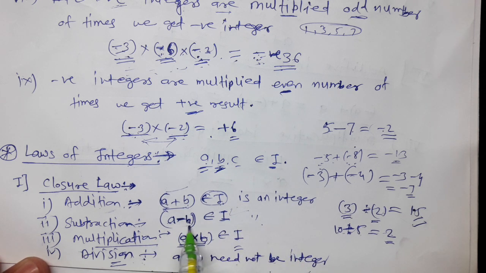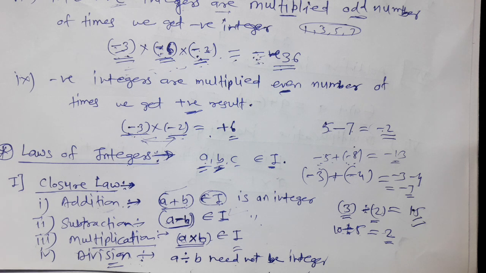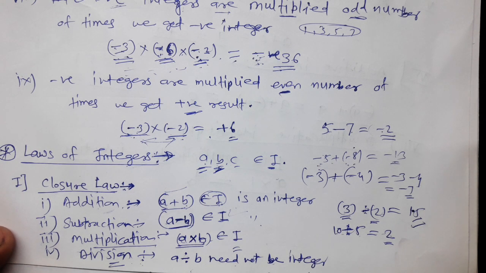If we subtract two integers, subtraction of any two integers, we get integers. You may take any example, or any two integers, and subtract them.